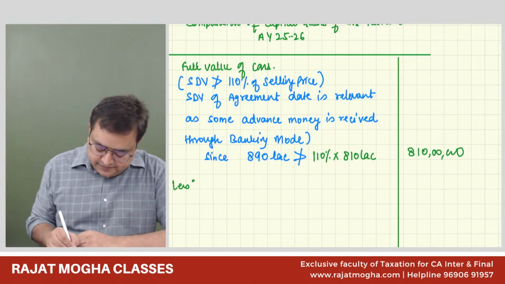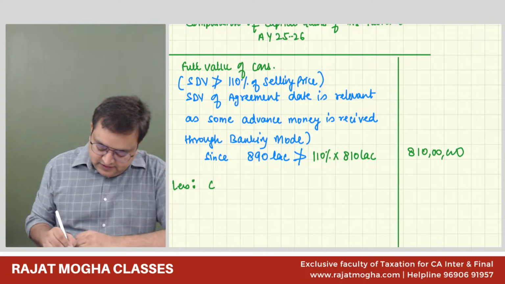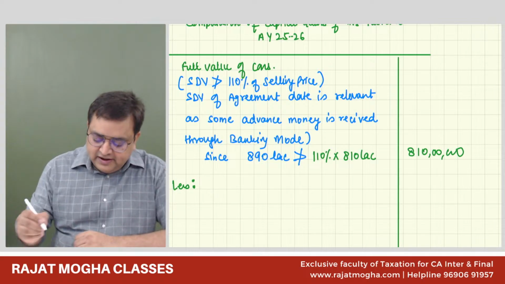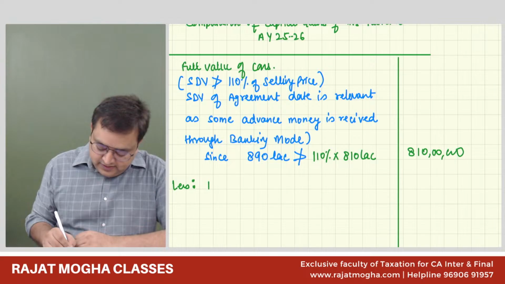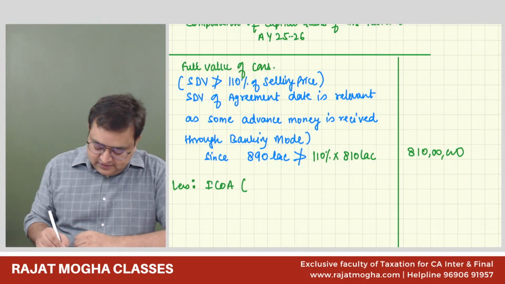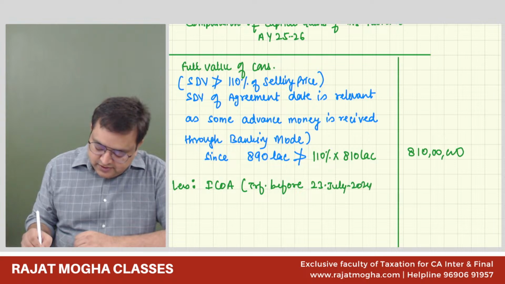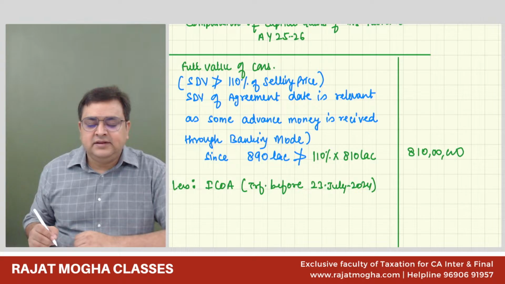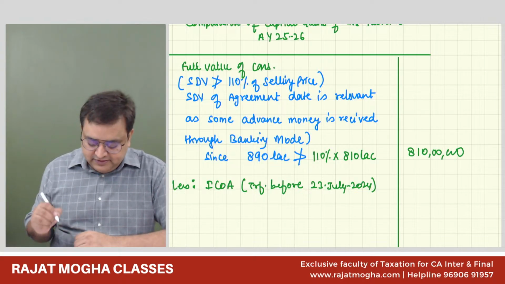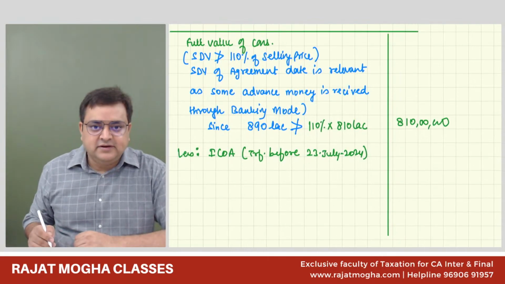Less: cost of acquisition. Please tell me, cost of acquisition or index cost of acquisition? Index cost of acquisition. Why? Because it is transferred before 23rd of July 2024. Had it been after this date, there would have been no indexation. But in this case, there would be indexation. So how much would be the indexation?